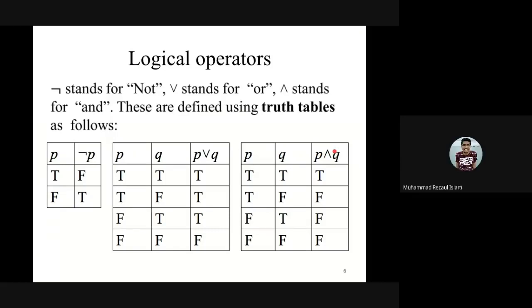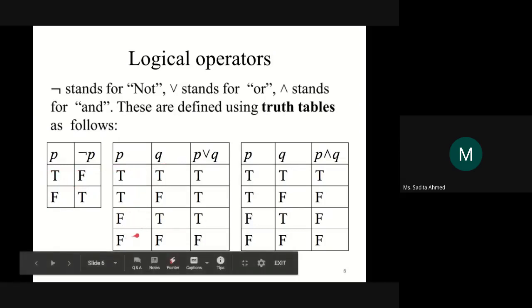Actually, we're working with not P here too, right? Because P is when it's true, it's P, but when it's false, it becomes not P. No. Here, these are all possible combinations, okay? These are possible values that P might have.